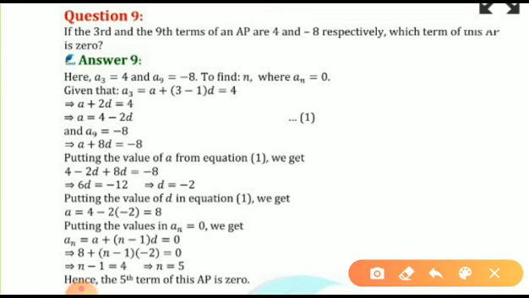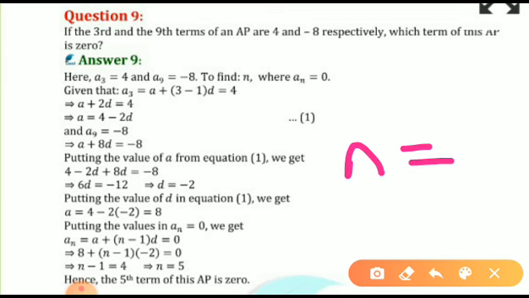Now here you have got directly 5, so no worries, no problem. But suppose it is a quadratic equation. For a quadratic equation, you will have two values of n.